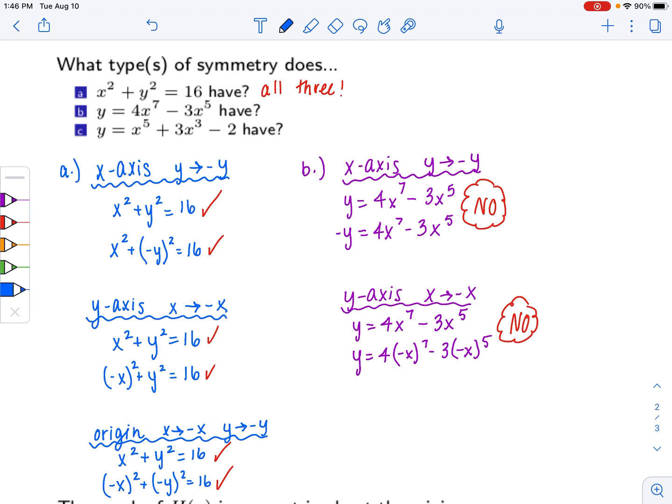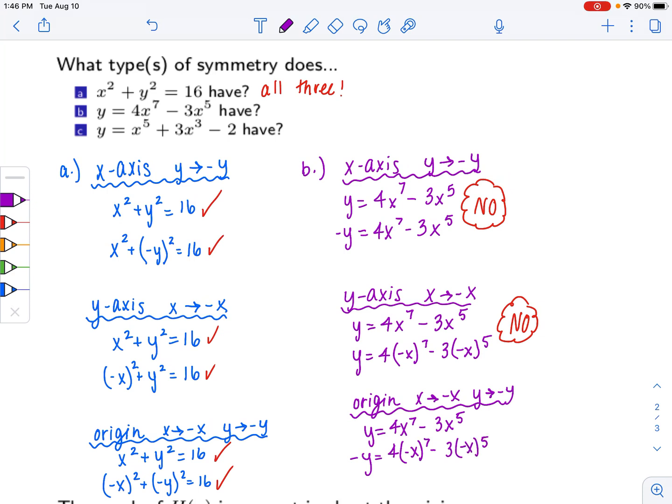Being that it's not x and it's not y, it does not mean that it's not the origin. You still have to check. So we're going to check origin again. Take your original equation. And let's now put negative y and negative x's. Okay, so this one's positive, here it's negative.